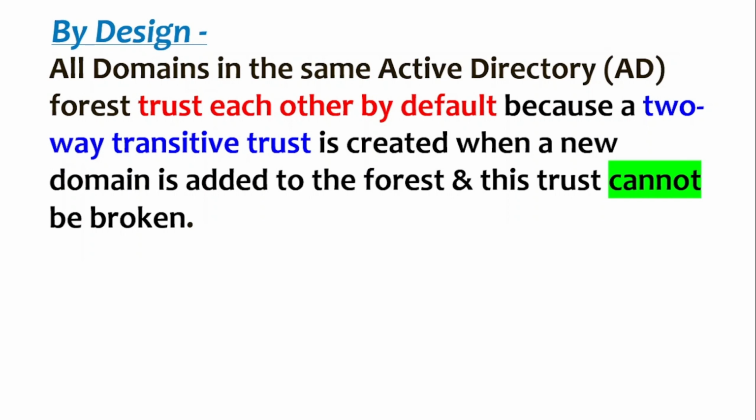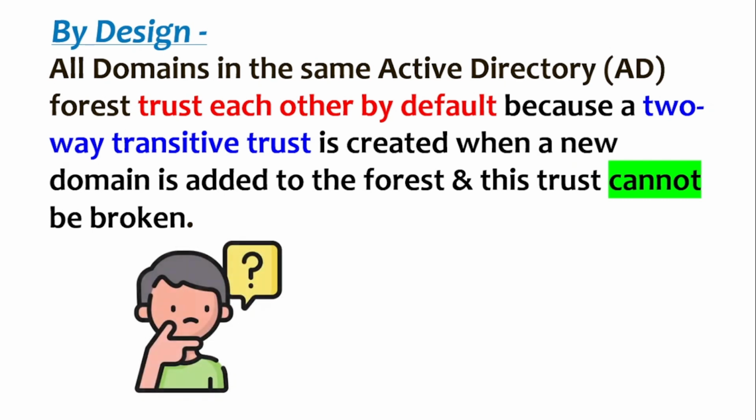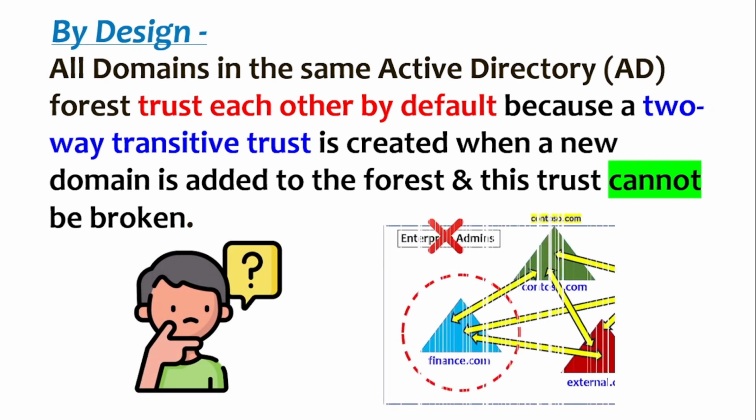So we have to understand one thing: whenever we add a new domain to a forest, a two-way transitive trust is established by default with other domains, and this two-way transitive trust cannot be broken. So what to do now with this finance.com domain?